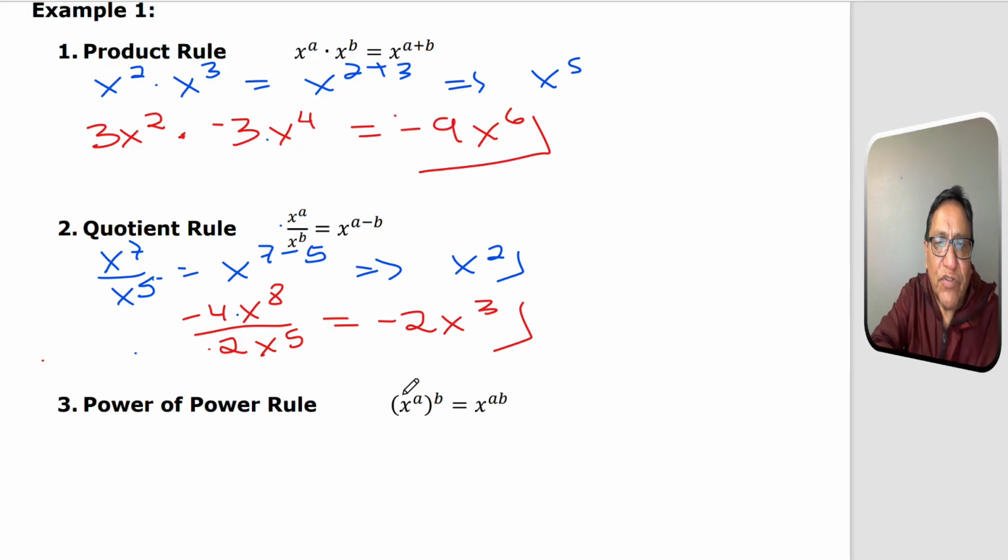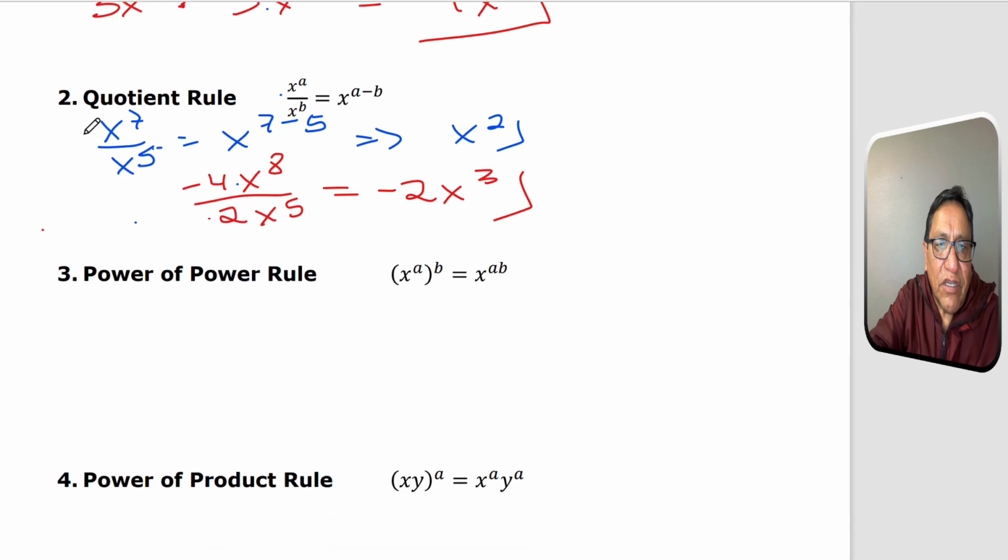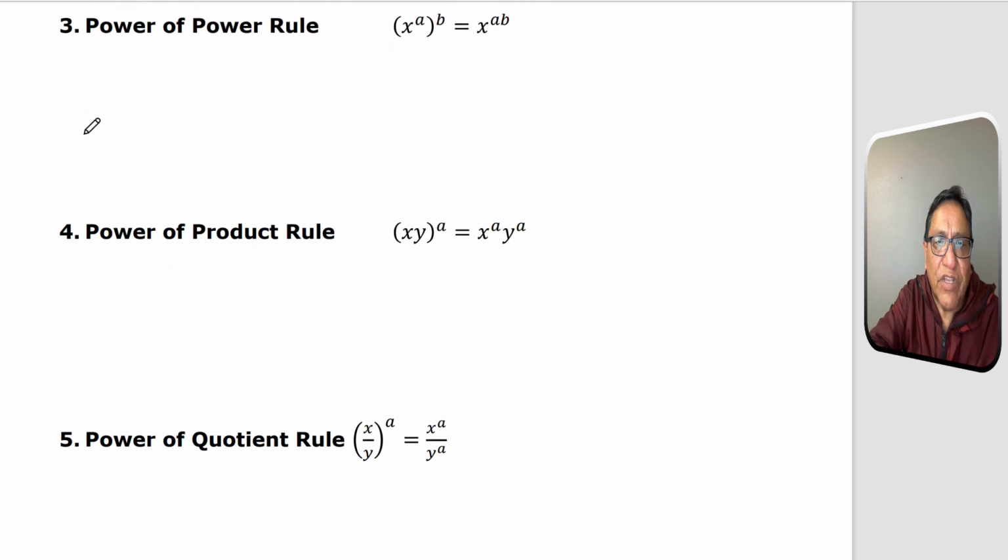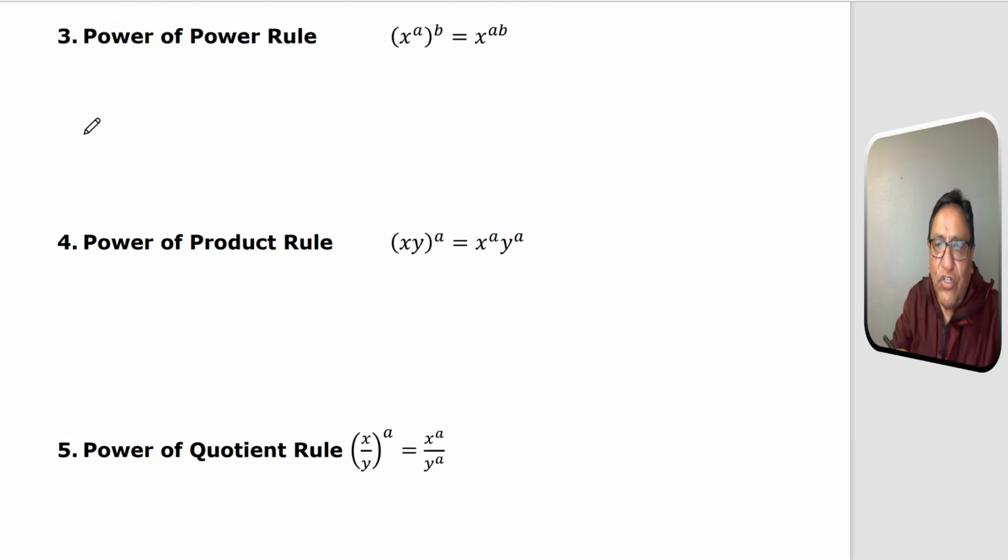Let's keep exploring the other rules. For example, we have the power of a power rule. It says if you have base x to the power a, to the power b, you multiply the exponents.